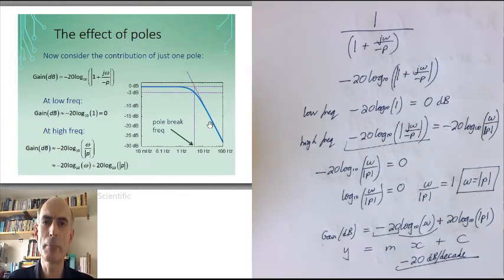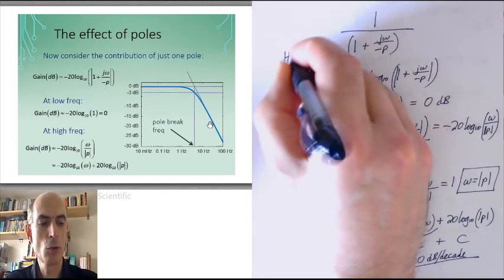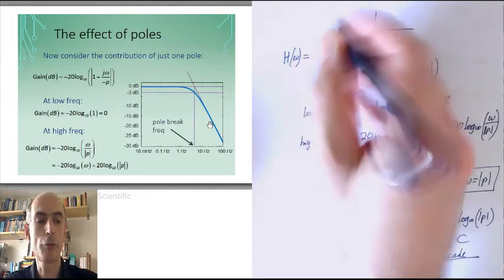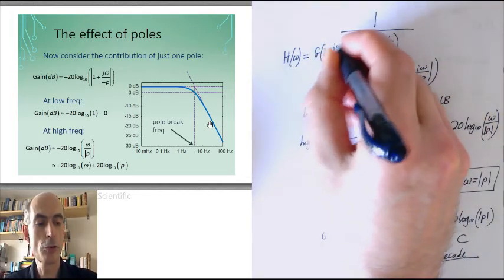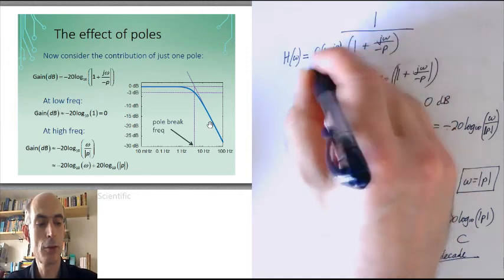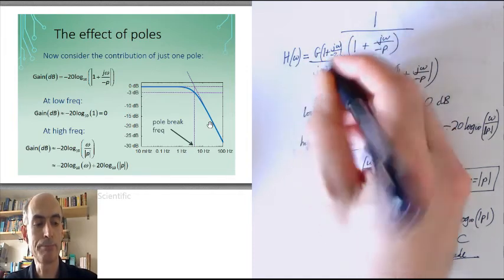You may be wondering at this point why we haven't covered the case of poles at 0 Hz. And the answer is because they don't happen. If we had a pole at 0 Hz, then our frequency response would be of the form G times some zeros possibly divided by j omega.